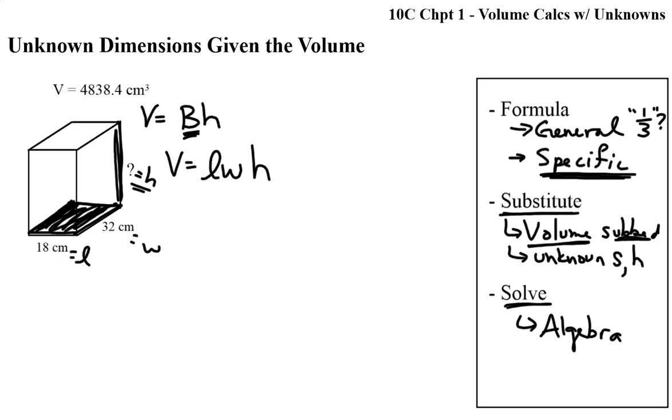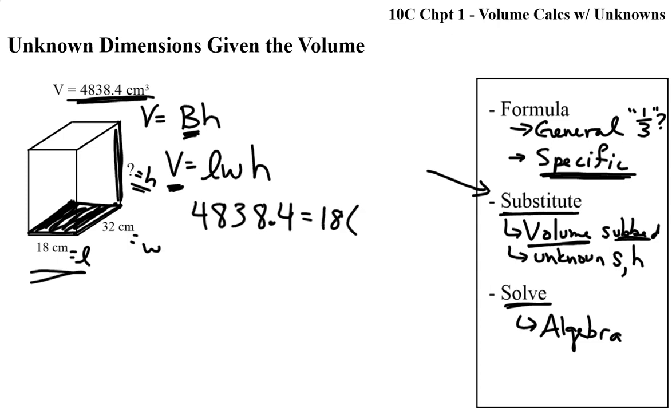But like I showed over here, the key is, my volume I do know. There's my volume. So I can start my substitution process by putting the volume in. And the volume will equal the length, 18, times the width, 32, times the height, which we don't know.